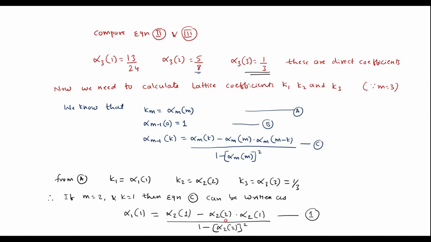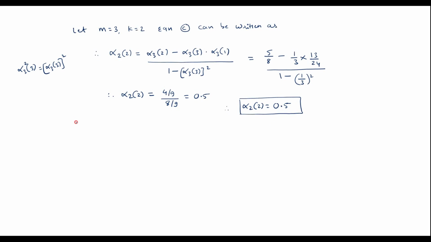So in this equation we found alpha 2 of 2, but alpha 2 of 1 value is not available. Alpha 2 of 1 value can be evaluated by taking m is equal to 3 and k is equal to 1. Therefore let m is equal to 3 and k is equal to 1.